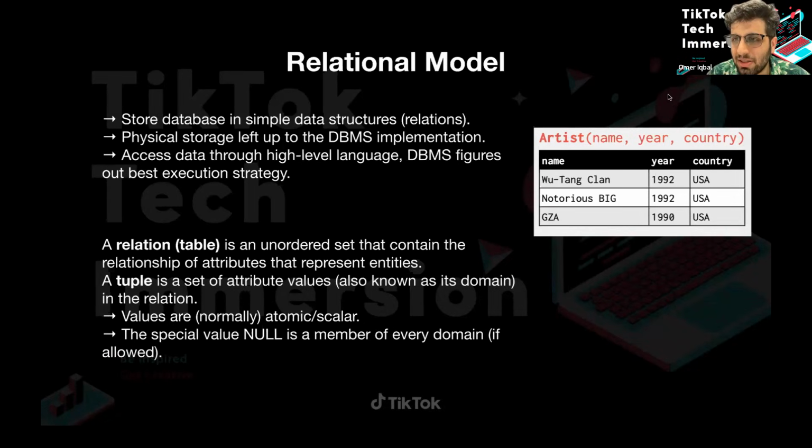And there's a pretty good question on unordered sets: do indexes make it ordered? This depends on the query, right? If you have an order by clause in your query, then it'll be ordered, and you can have an index to order it, which will speed up the query. But theoretically, the database is supposed to store it unordered.